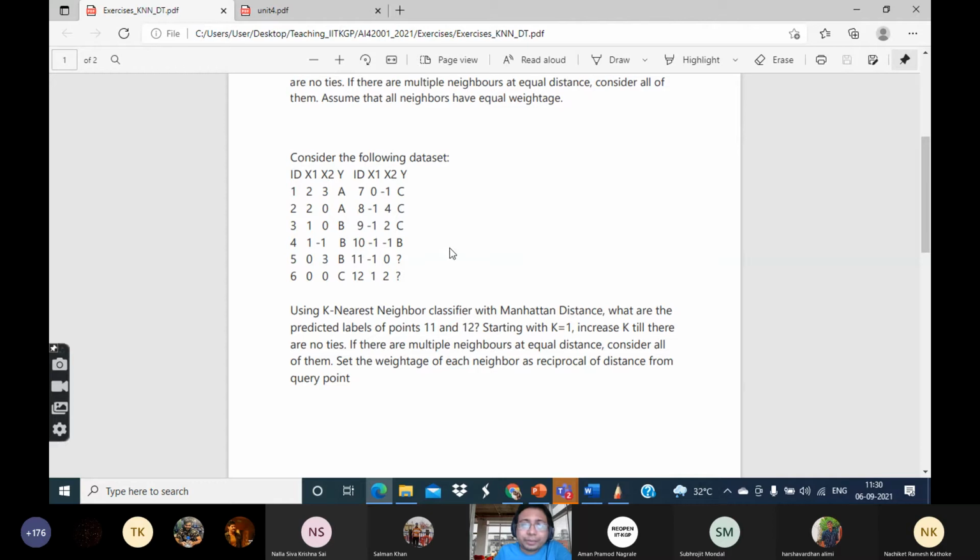While you are implementing it in Python, of course you will write a random number generator. You will collect the list of the points which are at the same distance, and out of them you will randomly choose one. Now, when you are doing it on paper, of course you cannot randomly choose.